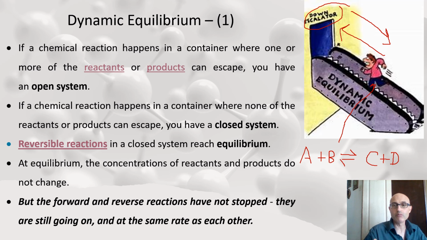He neither moves up nor moves down, because the rate of upward movement in this case is exactly cancelled out by the rate of backward movement downwards by the escalator.